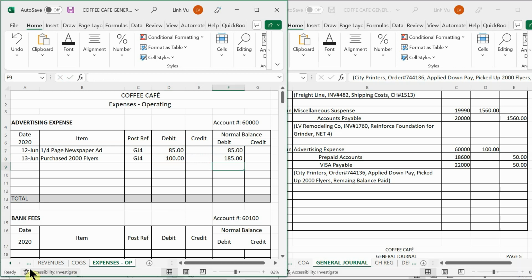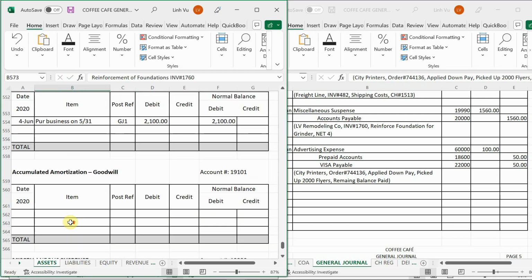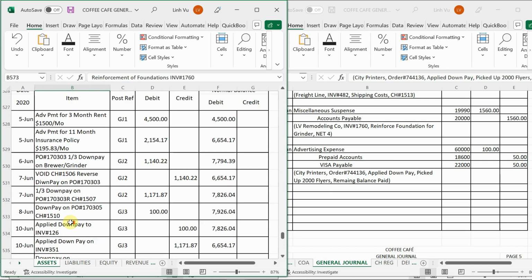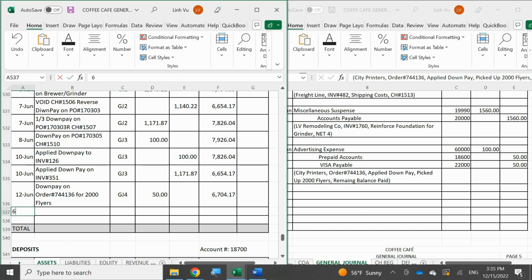We're going to go ahead and claim that down payment here. So here we are, prepaid accounts, and we're going to apply the down payment.